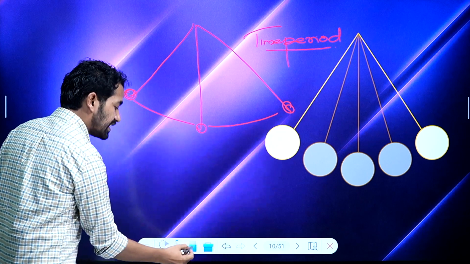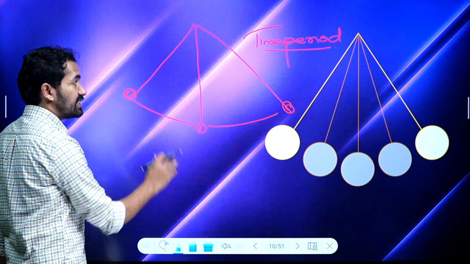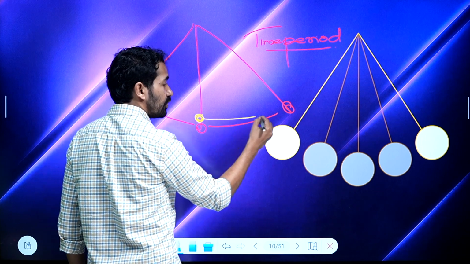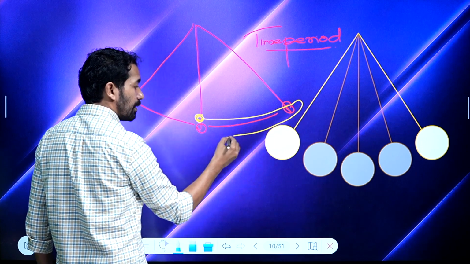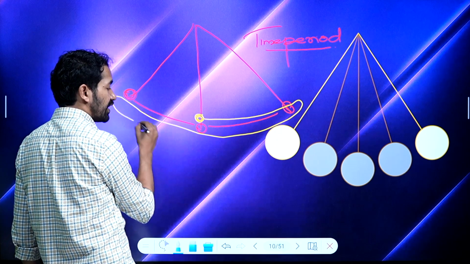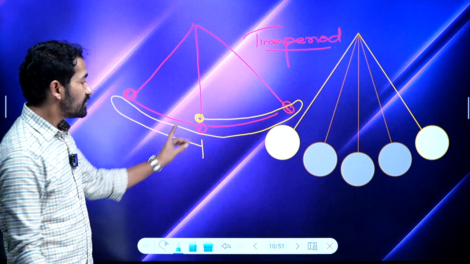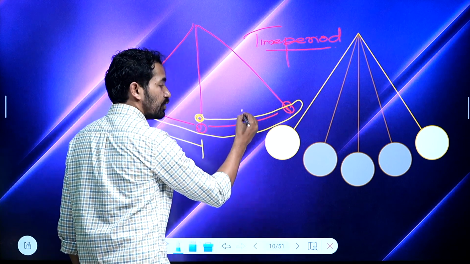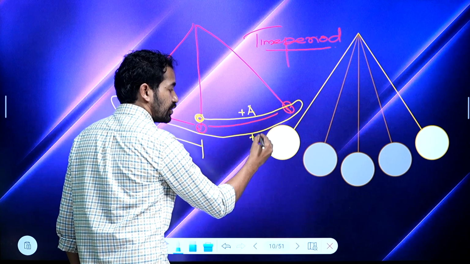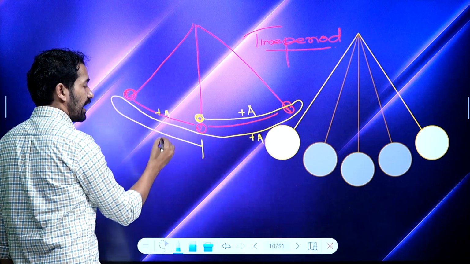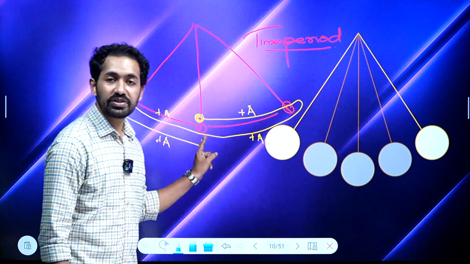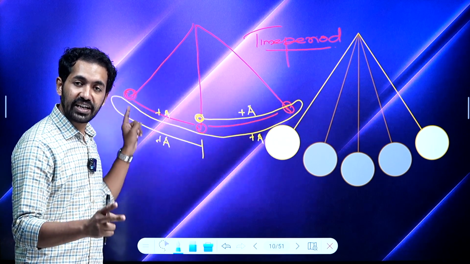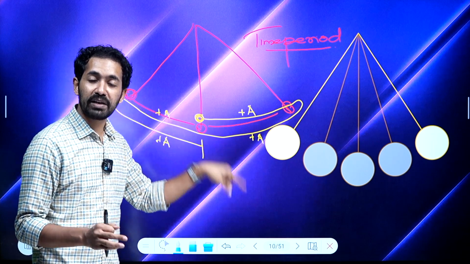In one time period, your pendulum which had started from here will move until the positive extreme, come back to the mean position, move to the negative extreme and again come back to the mean position. So this is the total distance covered in one time period, which is equal to 1a, 2a, 3a and 4a. That is, from mean position to positive extreme 1a, positive extreme to mean position 2a, mean position to negative extreme 3a and negative extreme to mean position 4a.